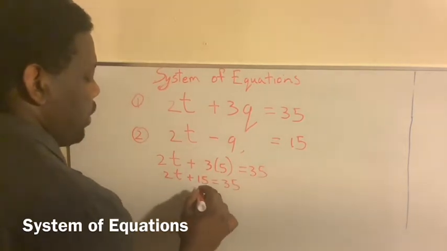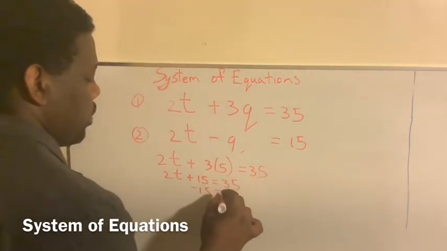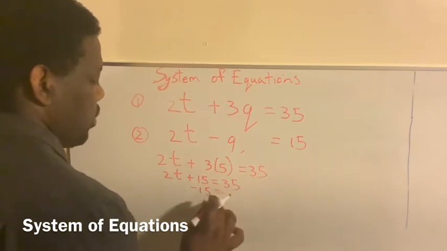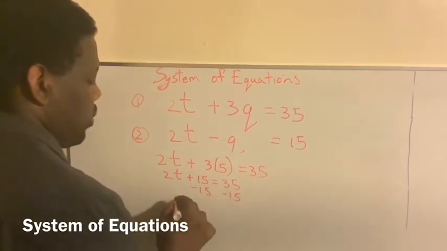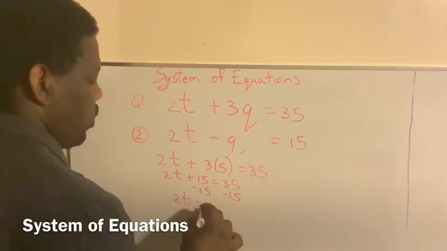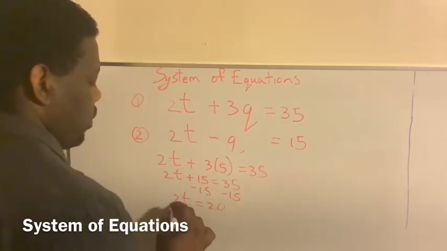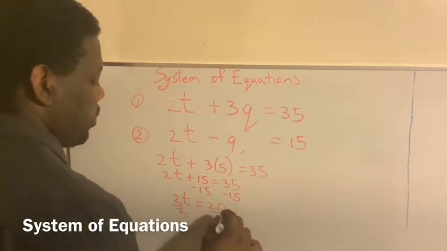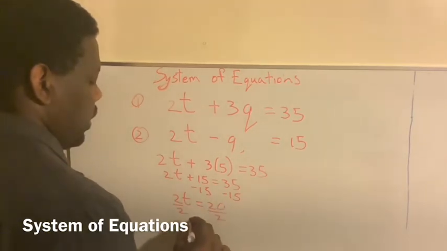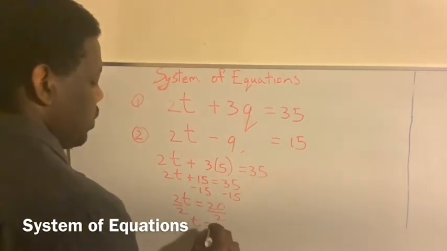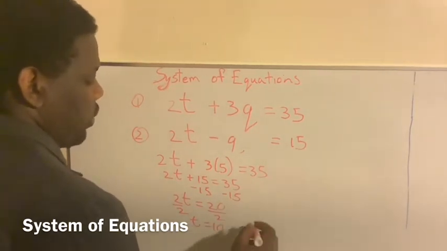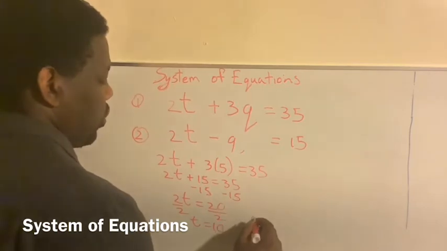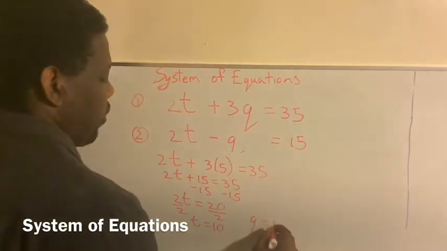We subtract 15 on each side. We have 2t is equal to 20. Divide by 2 on each side. T is equal to 10. So our solutions are t is equal to 10 and q is equal to 5.